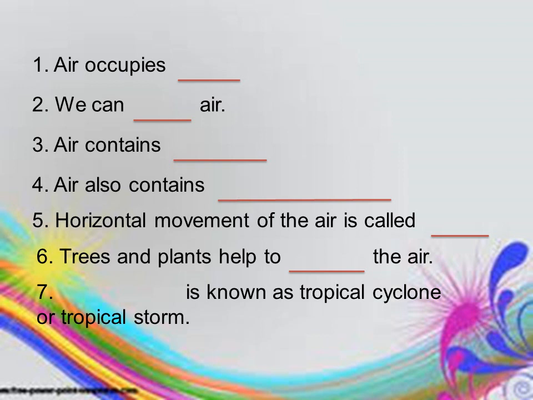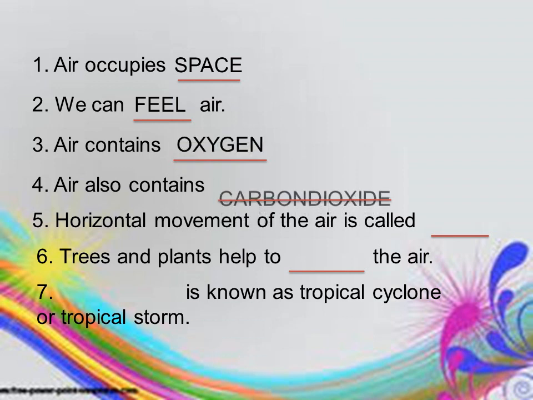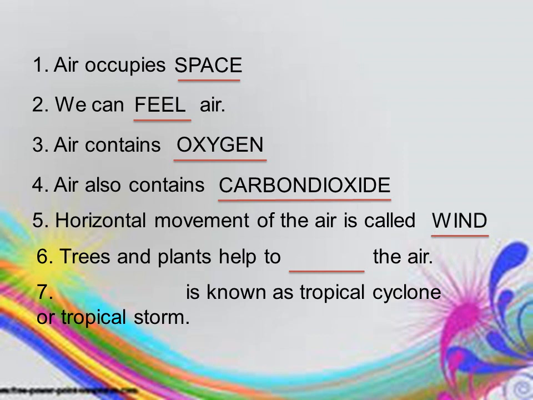Now, let's do this fill in the blanks. Air occupies space. We can feel air. Air contains oxygen. Air also contains carbon dioxide. Horizontal movement of the air is called wind. Trees and plants help to purify the air.